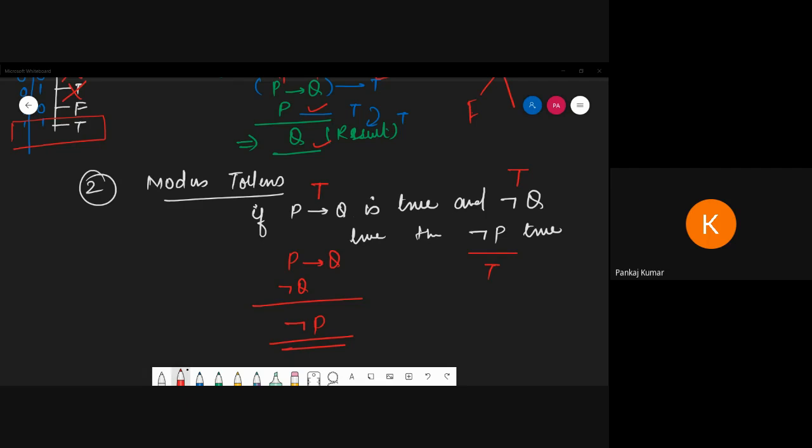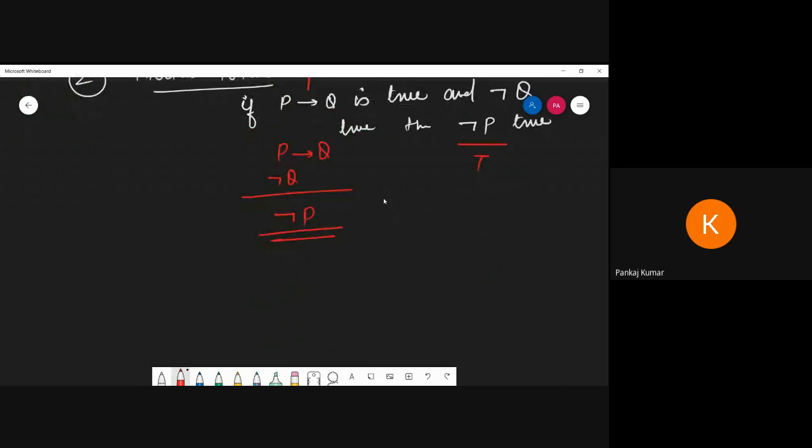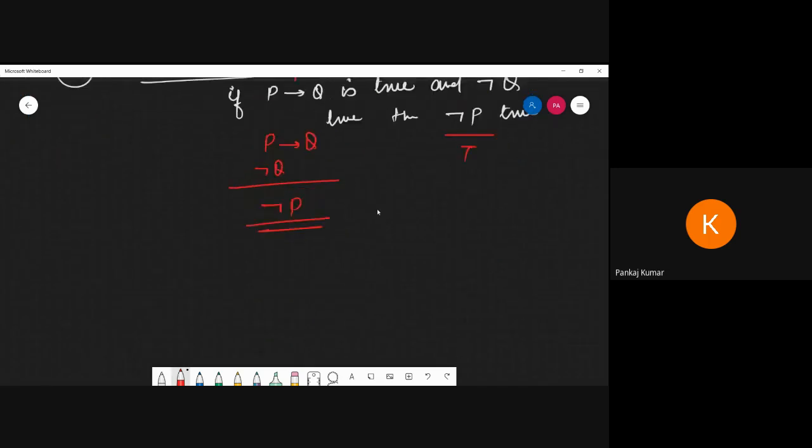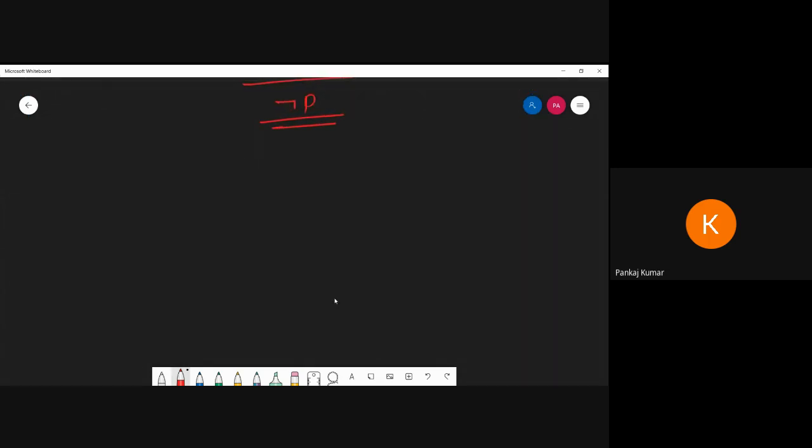Next one, hypothetical syllogism. Okay, so what is that?